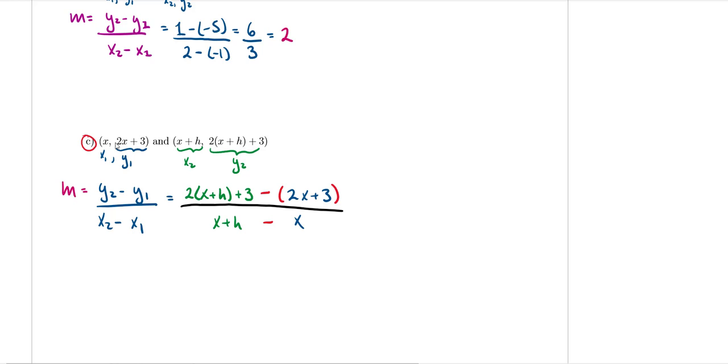Okay, so we simplify. What do we get? Let's see. Now I'm just going to go ahead and distribute the 2 here. So it's going to be 2x plus 2h plus 3 minus, well, let's distribute the negative. So minus 2x minus 3, and it is all over the x plus h minus x.